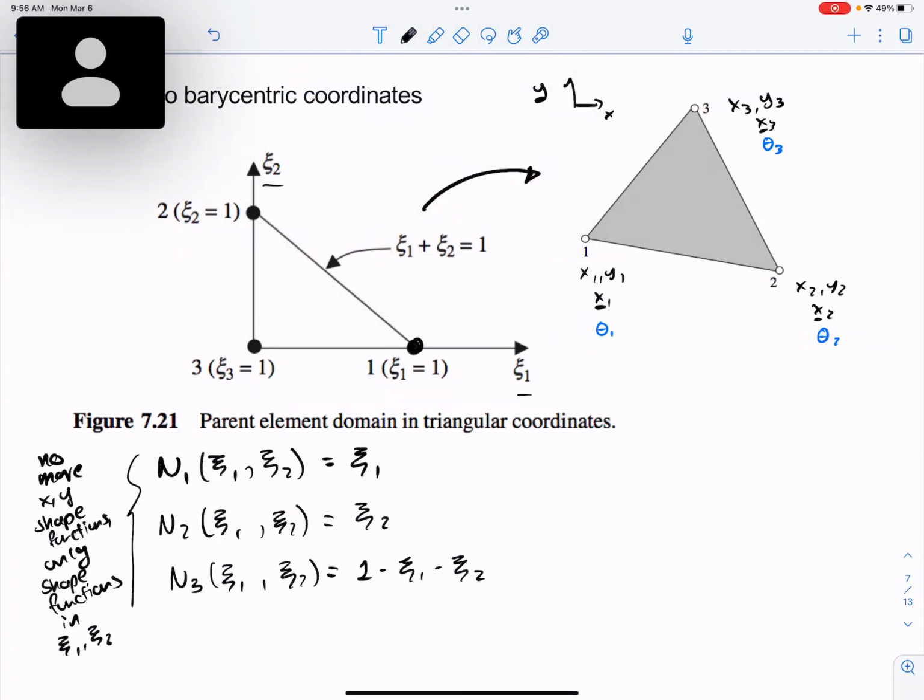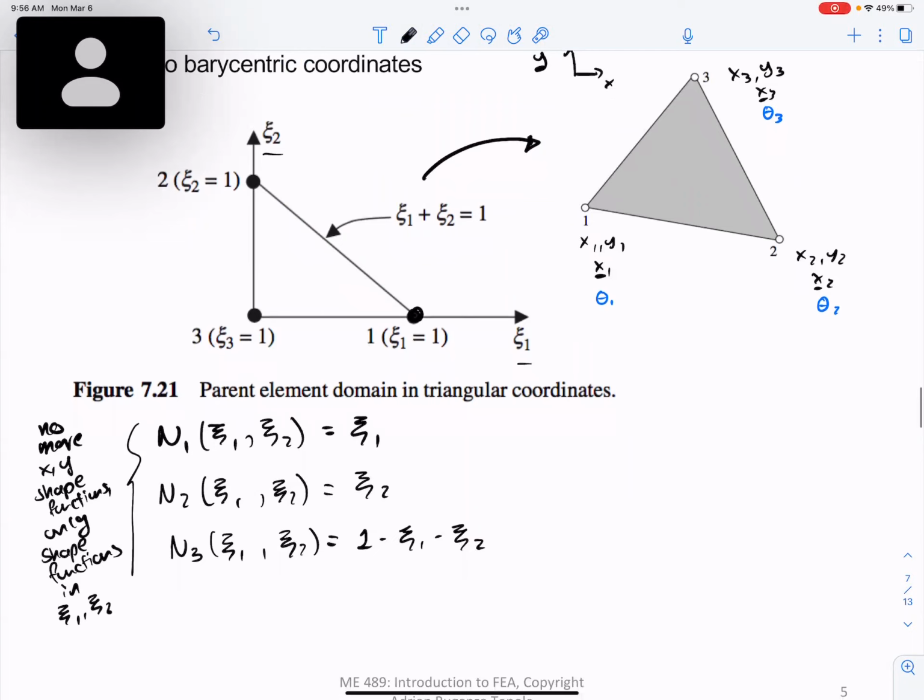What the isoparametric map tells us is that if we want to know the value of the temperature at some location here, we can no longer evaluate shape functions directly in terms of x, y. What we have to do is evaluate both the x and the theta using our shape functions with respect to psi.